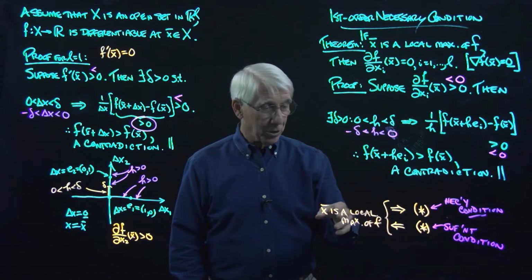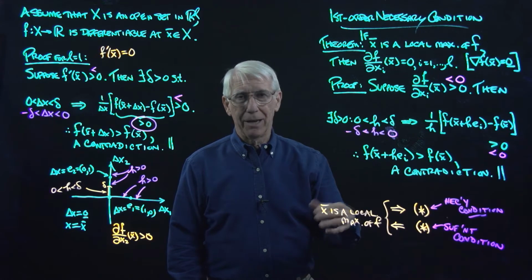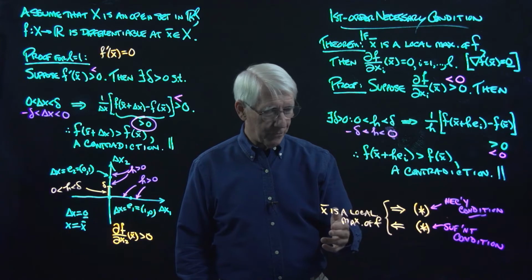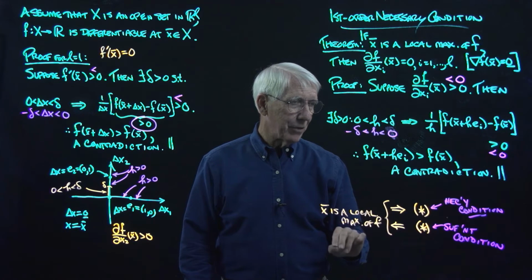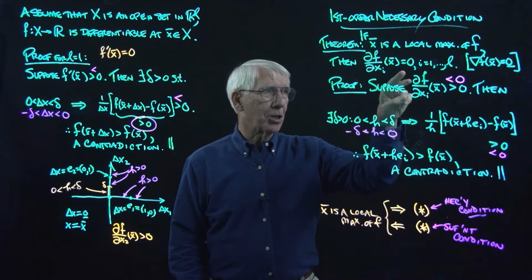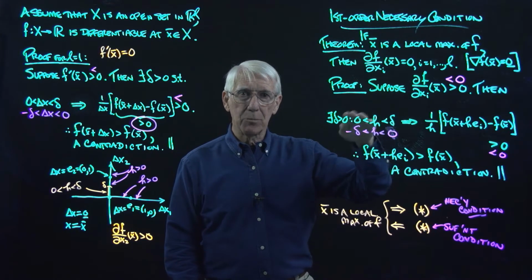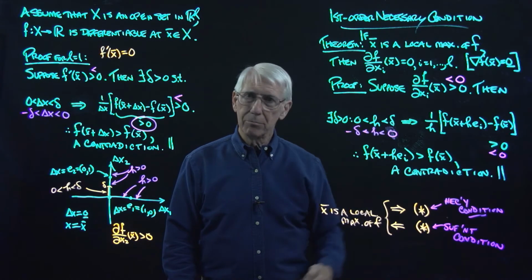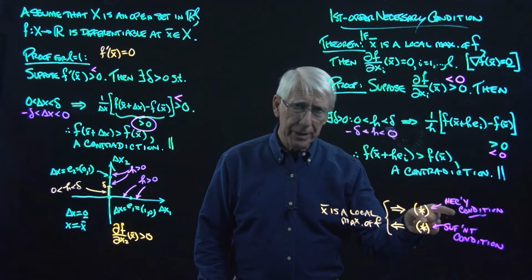So that's a good simple example. If x bar is, let's say, a level of output of the various goods the firm produces that maximizes its profit, then it's got to be the case that the marginal revenue minus the marginal cost for each of the goods is zero, that the marginal revenue equals marginal cost for each of its products. That would be a necessary condition.